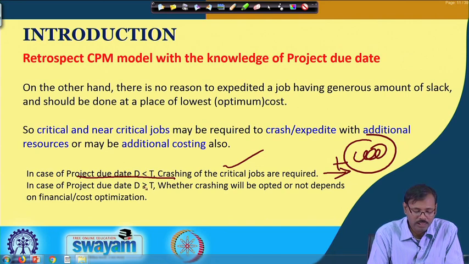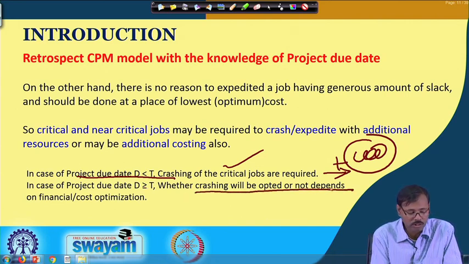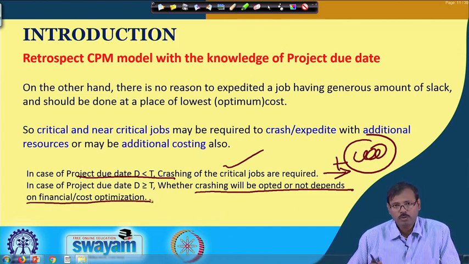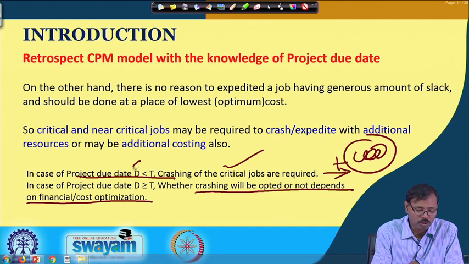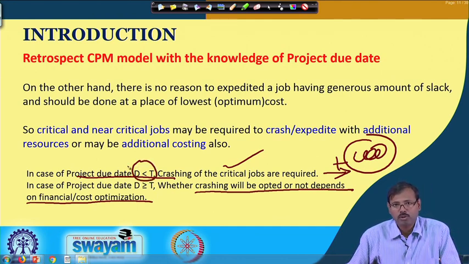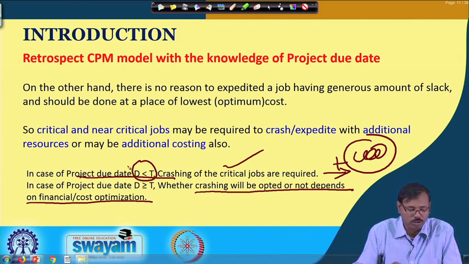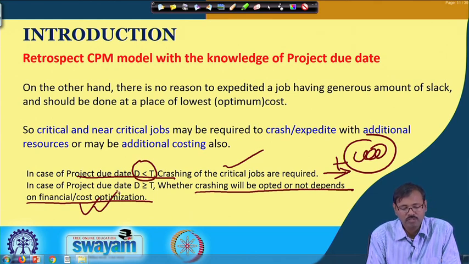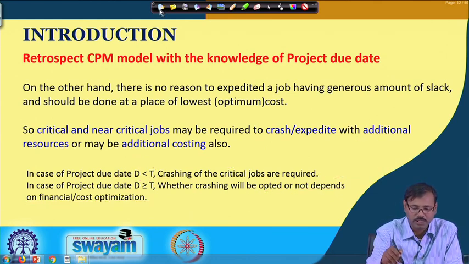But if D is greater than T, whether crashing will be opted for depends on the financial costing. In the first case also, whether crashing has to be carried out in all the critical jobs, some of them, or a particular critical job is a decision to be taken based on financial or cost optimization.